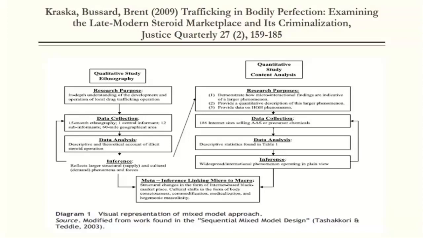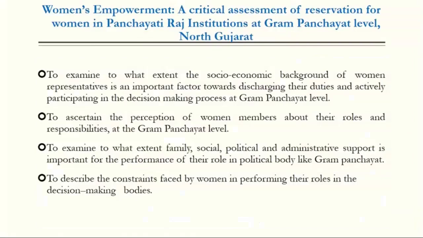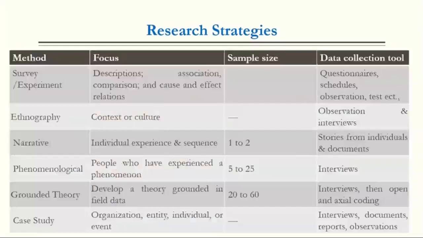Whenever you're doing mixed method research, if you feel that the particular method you are using is not giving you proper information, or you're not able to add more knowledge, you can use either quantitative or qualitative as a part of your research. If you're using qualitative, you can use a combination of quantitative as well. There are 6 to 8 types of mixing methods, like sequential exploratory research design, sequential explanatory research design, concurrent exploratory research design, concurrent explanatory research design.